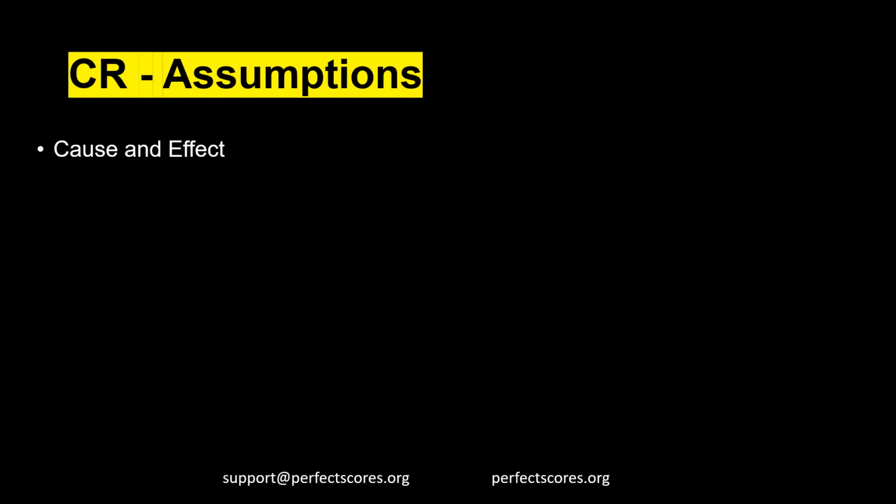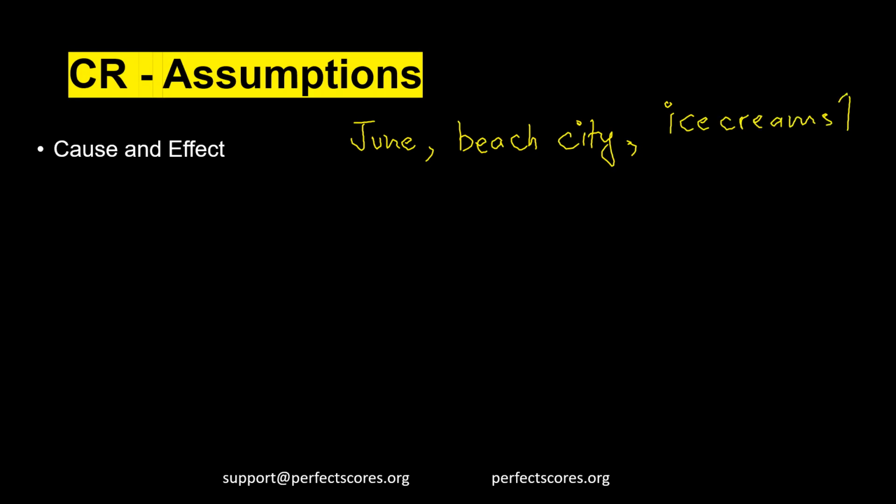So cause and effect. Let me take an example. I think this is an example that I used in the last class as well. So let's say in the month of June, in a particular beach city, it has been observed that every year in the month of June in that beach city, ice cream sales increase and at the same time, concurrently, simultaneously, violent crime also increases.